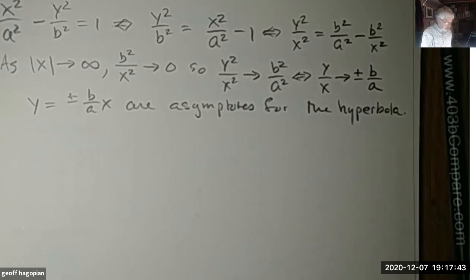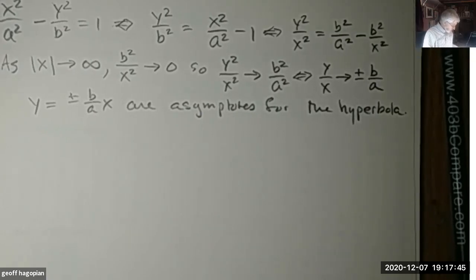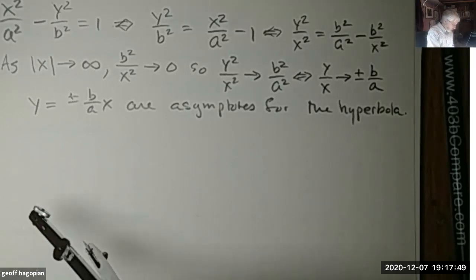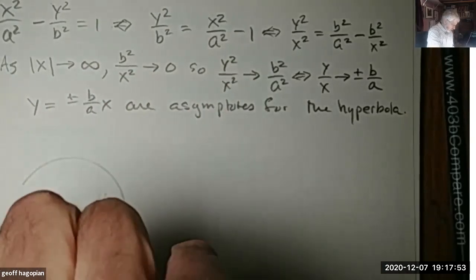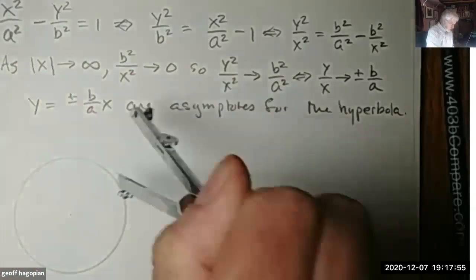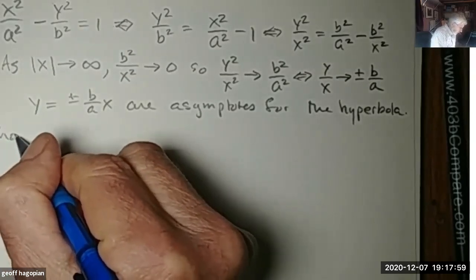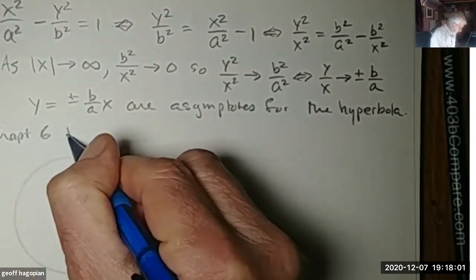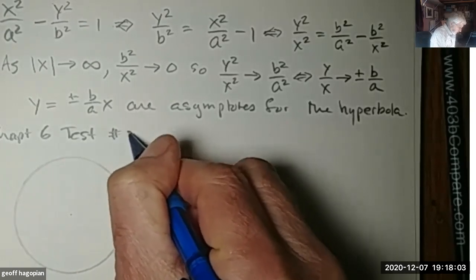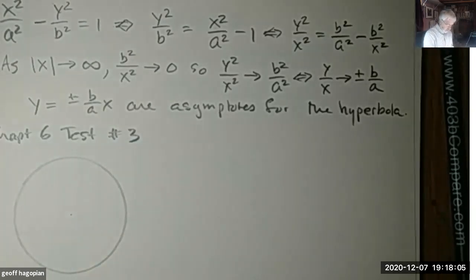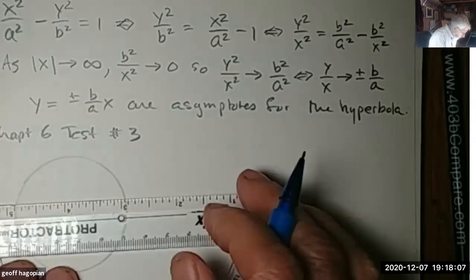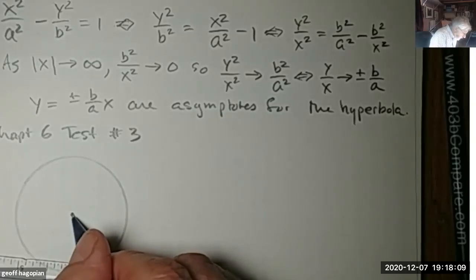And somewhere I have a compass. So this is chapter 6 test number 3. And let's draw in the center of the circle here.